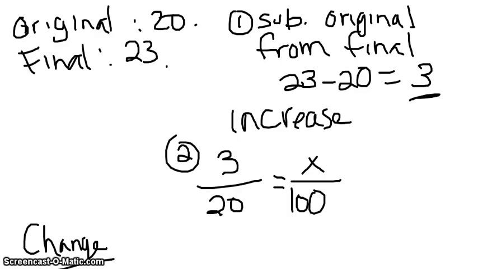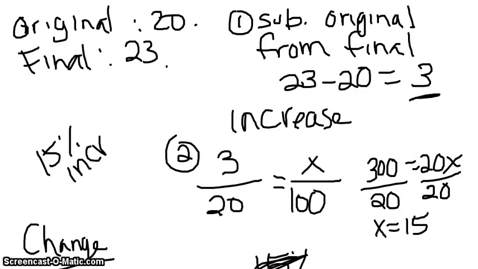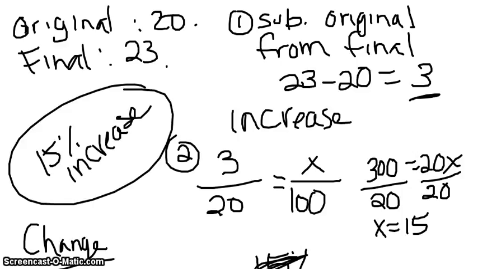Just like we've been doing, we'll cross multiply. We get 300 equals 20x. Divide both sides by 20, and that gives me 15. So this was a 15% increase for this problem.